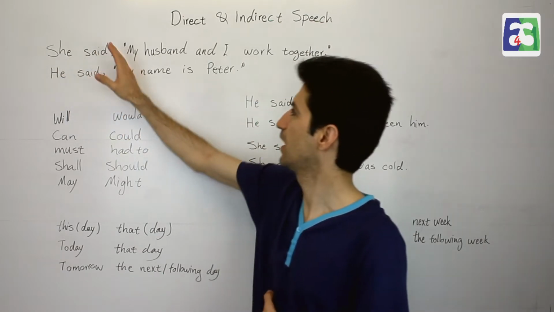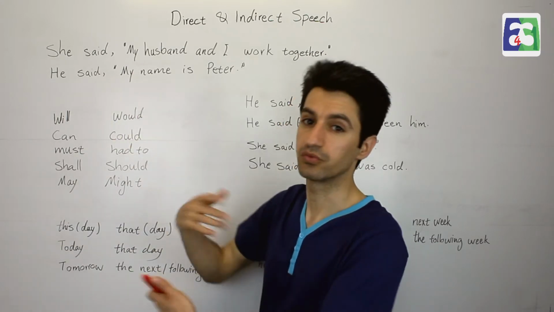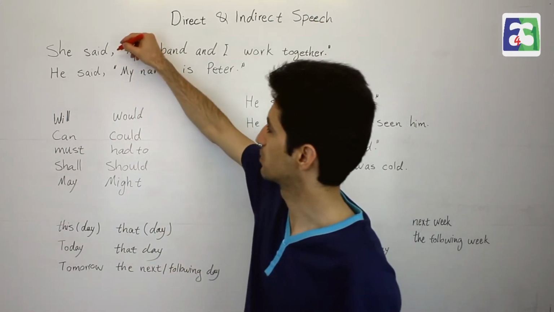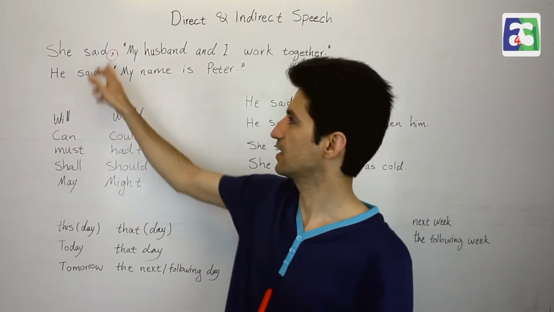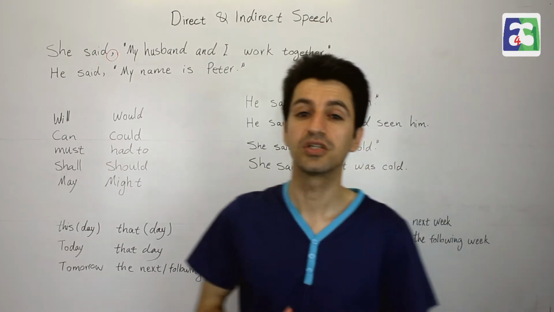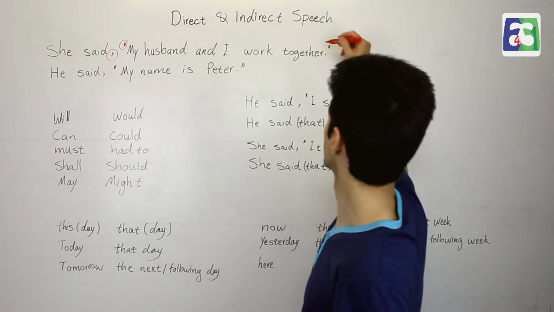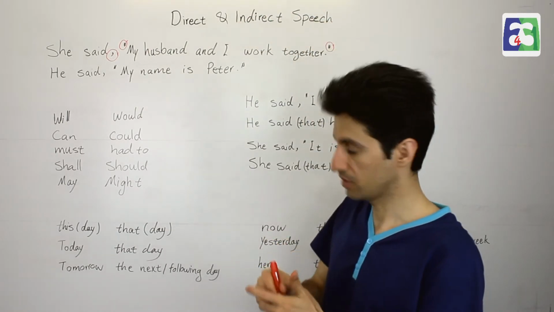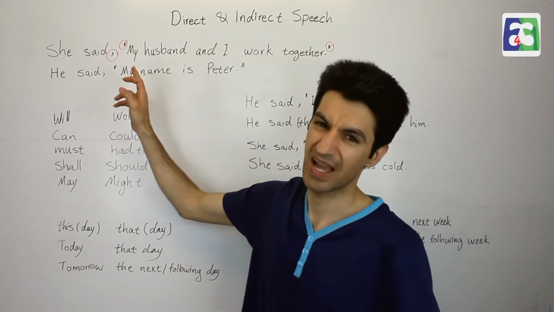So she said, and this is exactly the same sentence, but in writing there are things that we need to consider. One, we put it after a comma. So we say she said, comma, and then we put what she says. Another thing, we need quotation marks, which appear just around what she has said.